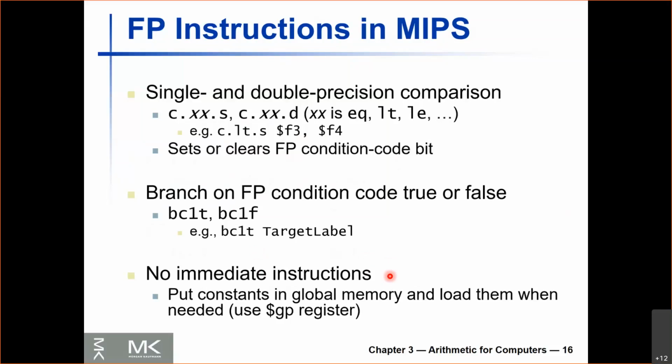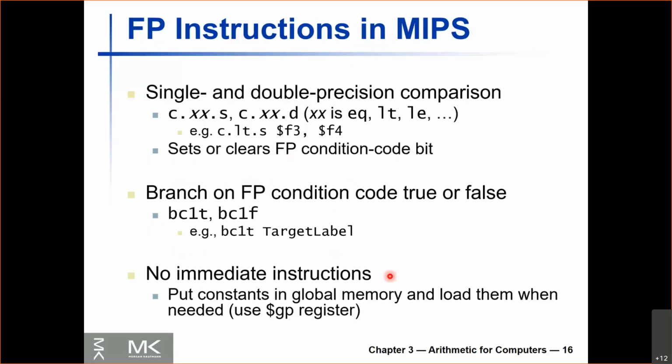With integer instructions, I can take a 16-bit value and extend it into a 32-bit value, because integers are just a sequence of zeros and ones: this bit times 2 to the power 0 plus this bit times 2 to the power 1. So a 16-bit value can be extended into a 32-bit value simply by doing sign extension, where you just add zeros or ones to the left.